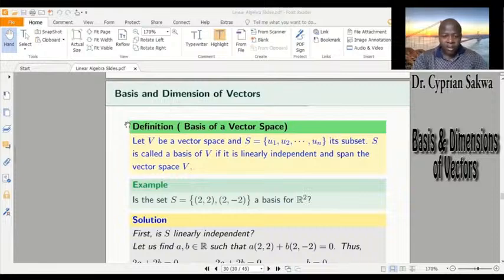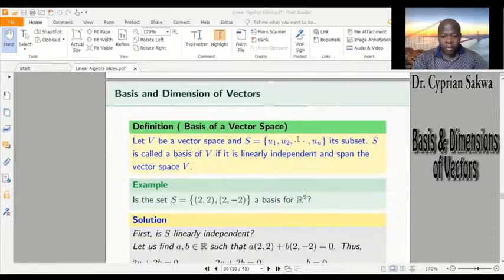So the first thing I do is I define a basis of a vector space, and then we look at several examples to ensure that the concept is clear to us. So let capital V be a vector space and S be a subset of V. So when do we say that S is a basis of V?